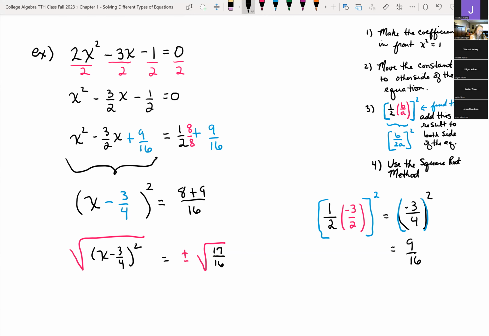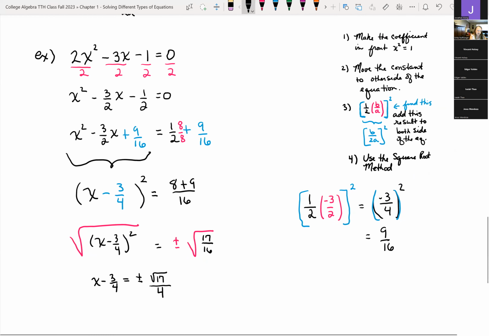So the square root of the square leaves us with x minus 3/4 on the left is equal to plus or minus the square root of 17, which doesn't reduce, all over the square root of 16, which reduces to 4.